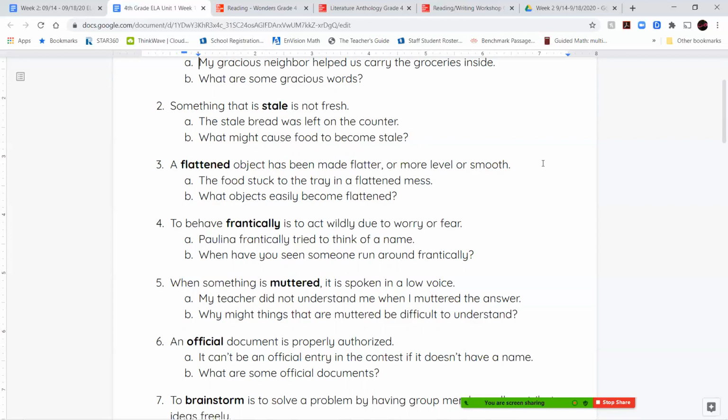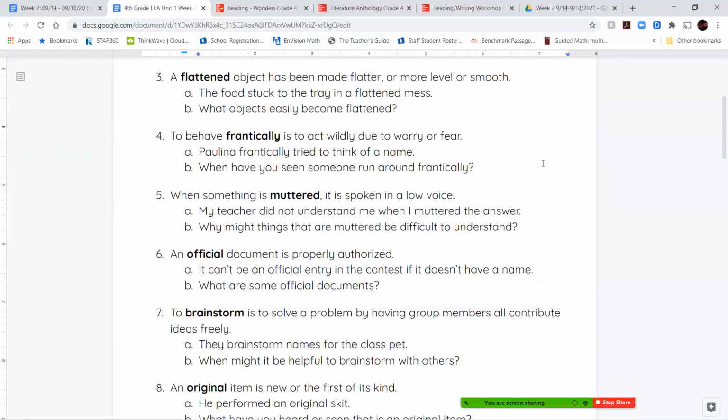I could say, my name is Ms. Zaina, and that's me speaking clearly. The opposite of speaking clearly is muttering. Why might things that are muttered be difficult to understand? Well, if someone is speaking in a really low voice and they're not saying their words clearly and properly, it makes it difficult to understand.